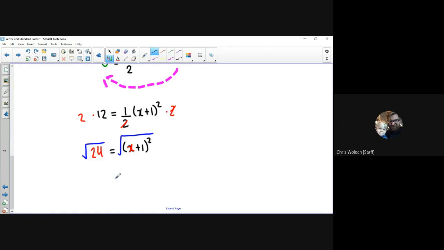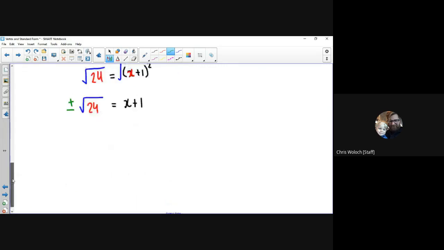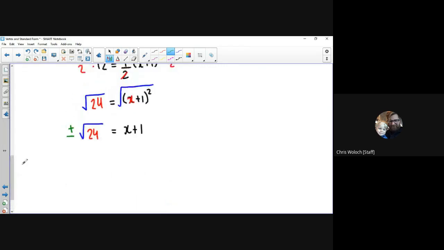So that means on this side, all I have is an x plus 1. And then here, what we just got to remember is that when I square root something, the answer is actually a plus and a minus. Technically, the square root of 4 is plus or minus 2.